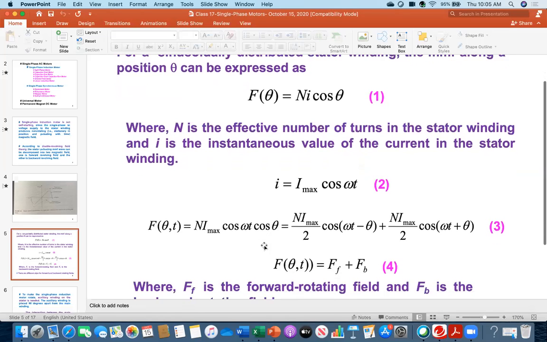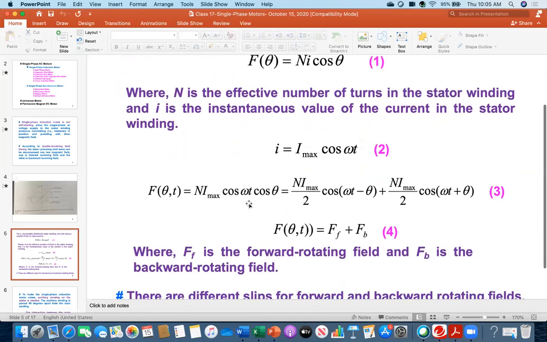Now you apply trigonometry, the formula for 2 cosine A cosine B, which gives cosine of omega t plus theta and cosine of omega t minus theta. But there was no 2, that's why you see there is one half. So N I max over 2, then cosine of omega t minus theta, and the other is cosine of omega t plus theta.